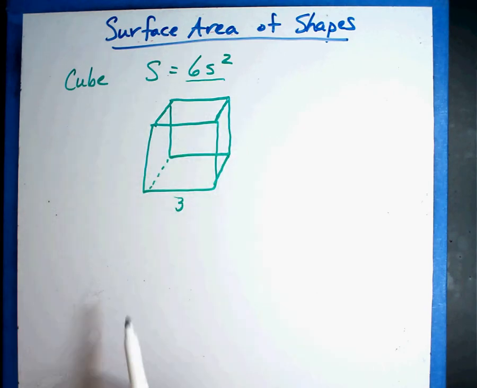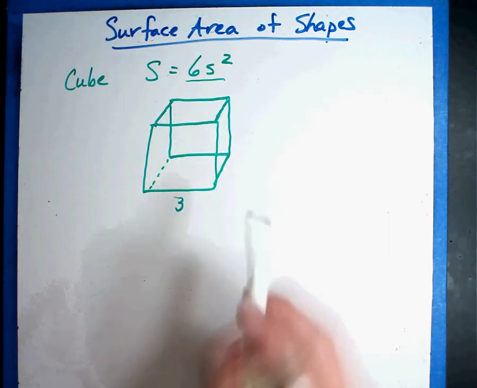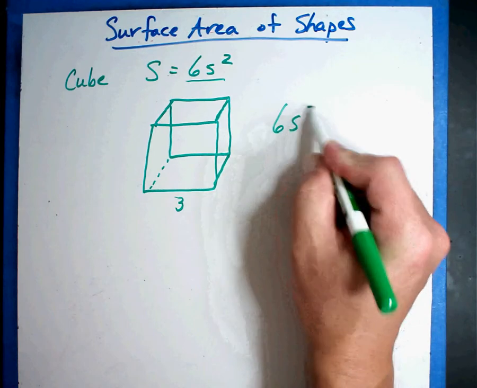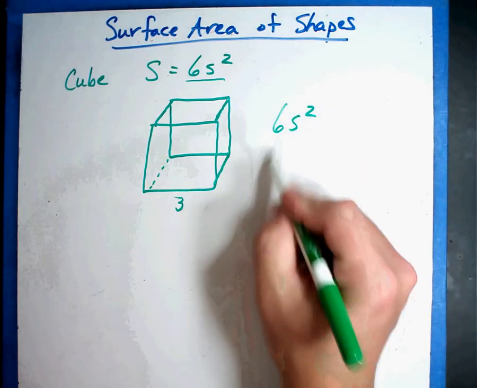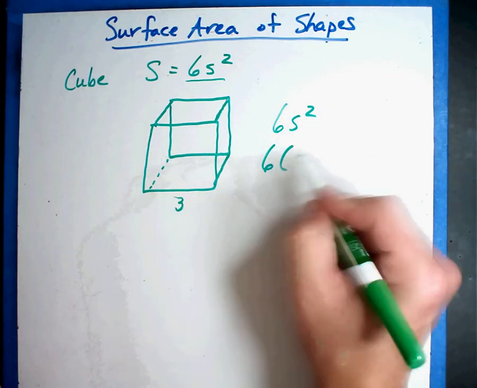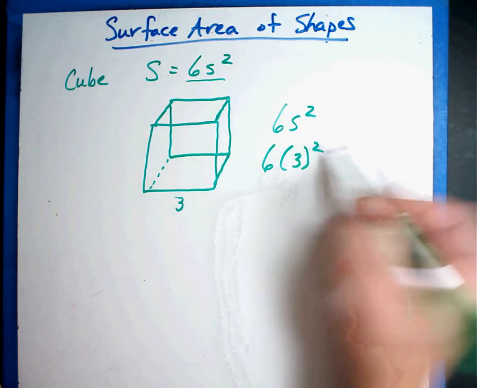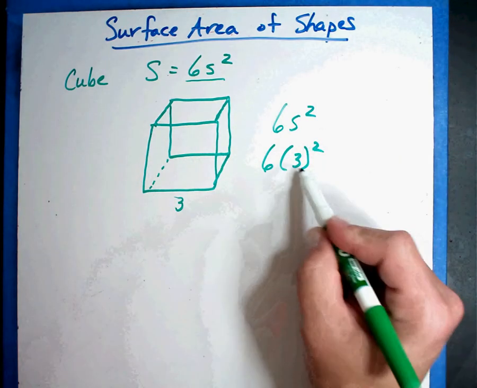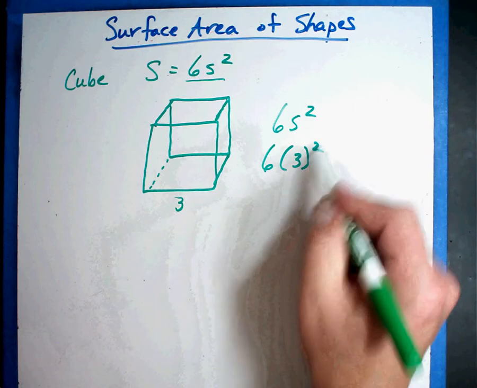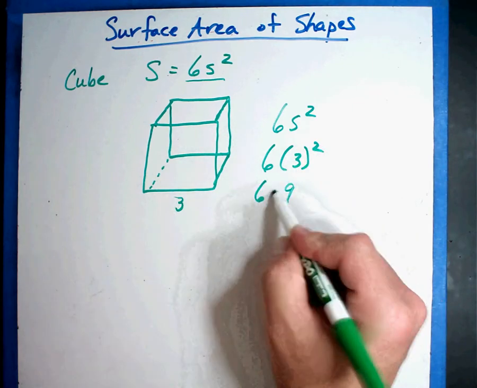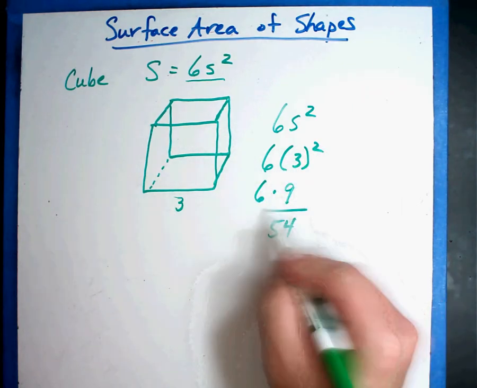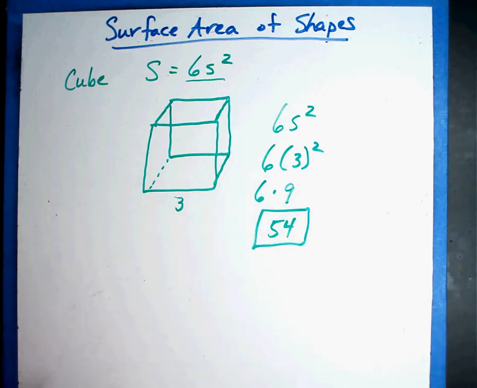How much surface area is there? Well, you take the formula 6s squared, and you take 6 times the side, which is 3 squared. Now, order of operations says you have to do the square first. So 3 times 3 is 9. 6 times 9, 54. That's how you would get the surface area of a cube.